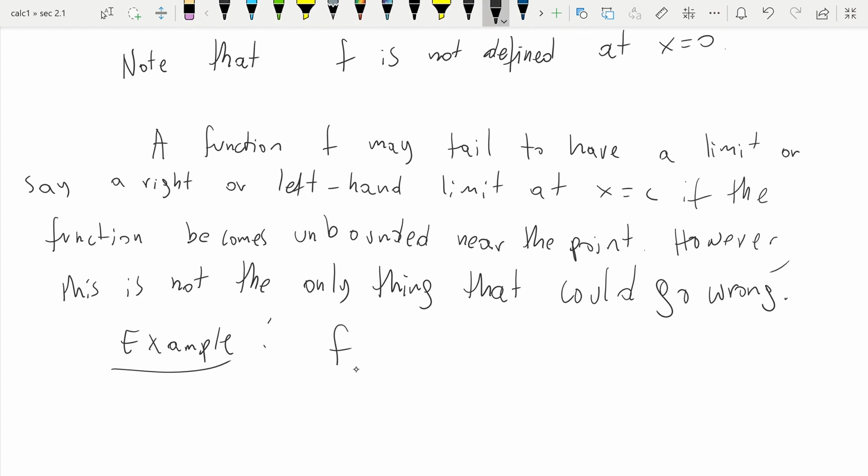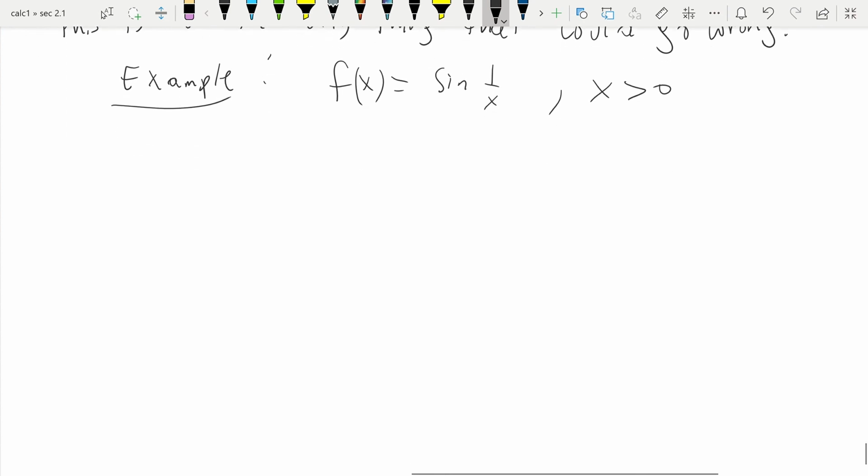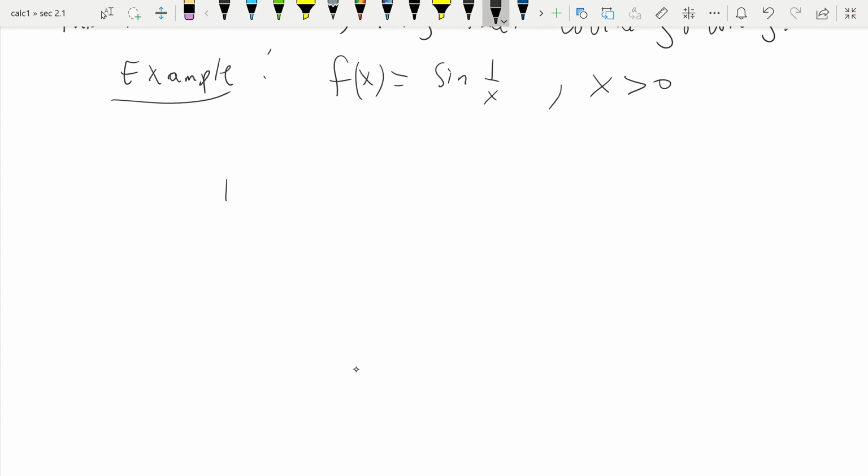So if we look at the function f of x equals sine of 1 over x for x greater than 0, then what happens if we try to compute the limit of it as x approaches 0, but from the right? Remember that we're just focusing on the function when we look at positive values of x.